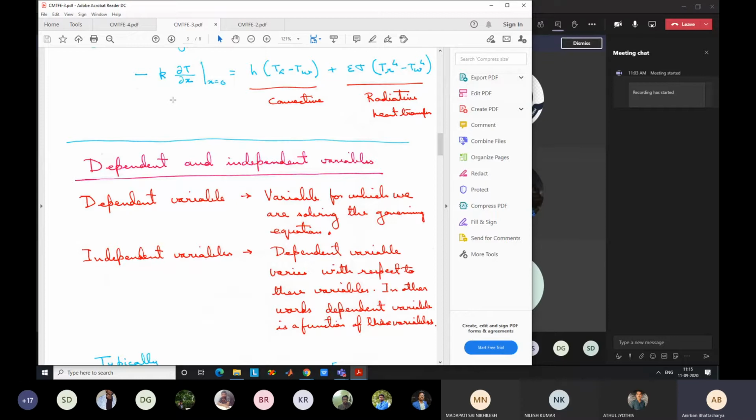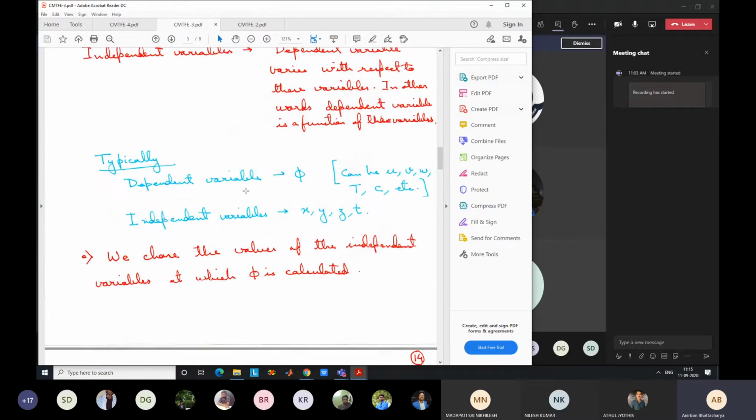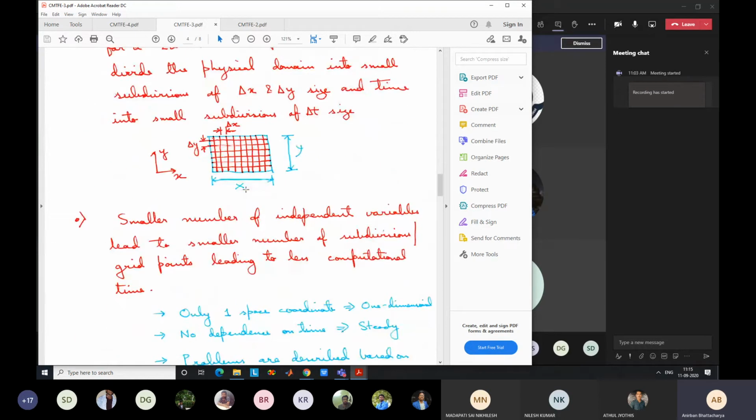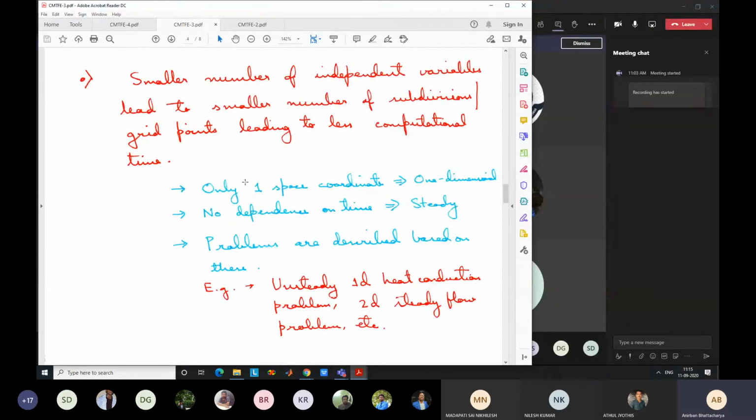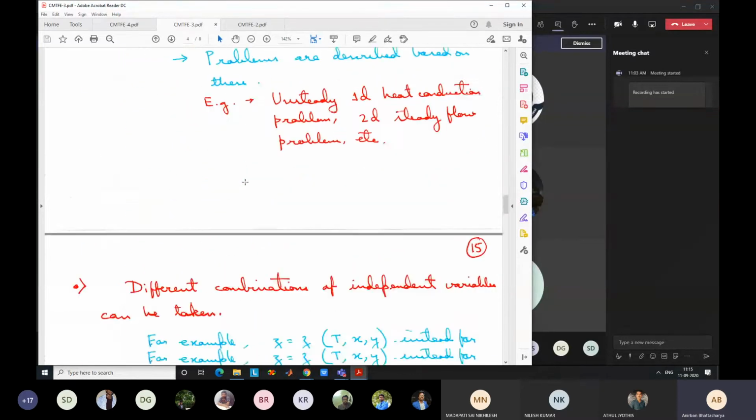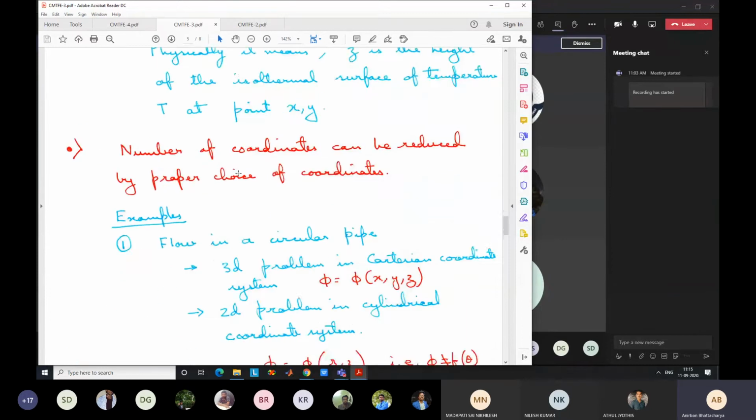Typically, independent variables are the coordinates x, y, z and time t, but it can be different also, as we have seen in some cases. Please remember that there may be some lag in my voice and in the cursor movement, and because of that the voice does not sync always with the cursor movement, so you have to bear with that.